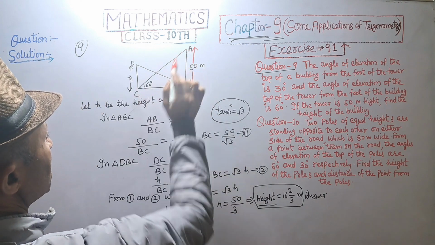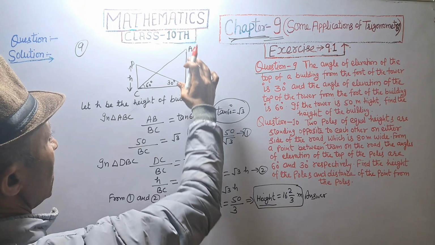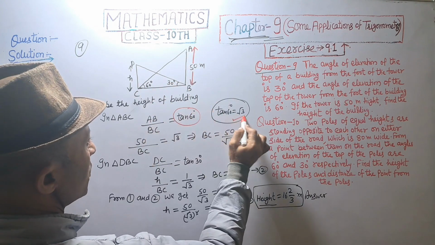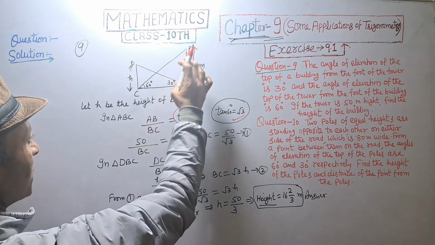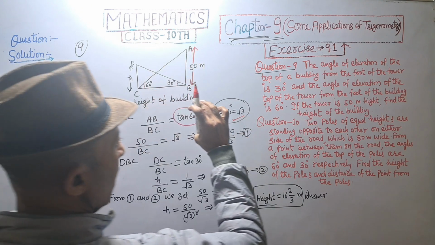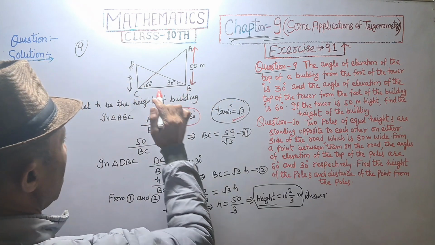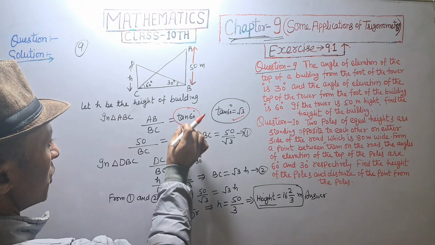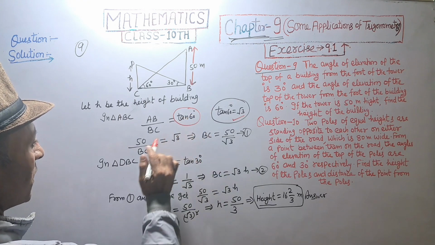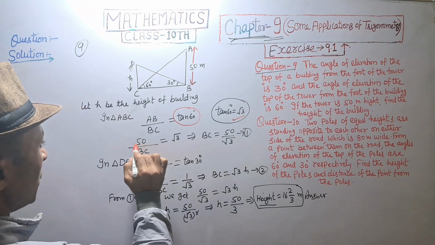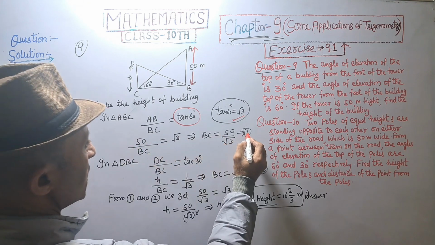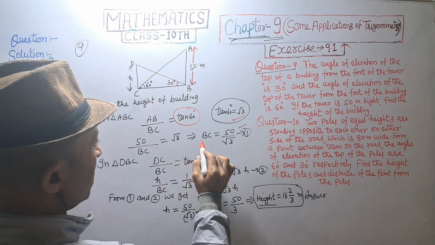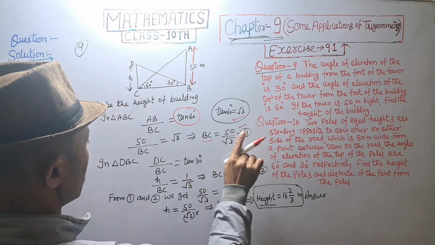In triangle ABC, AB upon BC is equal to tangent 60 degrees, tan 60 degrees is equal to root 3. AB is 50, that is the height of the tower, and 50 upon BC is equal to tangent 60, root 3. BC is equal to 50 upon root 3, it's equation number first.